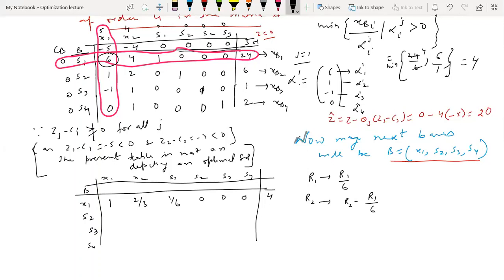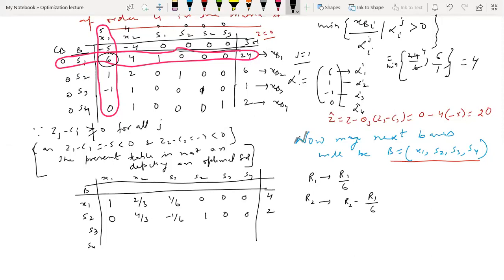So when you subtract row 2 minus row 1 by 6, you will get this element as 0 here, which I am updating in this way, and this will come out to be equal to 2 minus 4 by 6, 2 minus 2 by 3, that value comes out to be equal to 4 by 3. Okay, similarly this value will come out to be equal to 0 minus 1 by 6 is minus 1 by 6, 1, 0, 0, 6 minus again 4 comes out to be equal to 2.